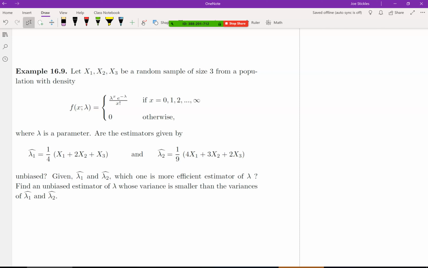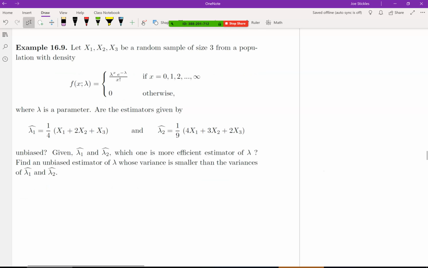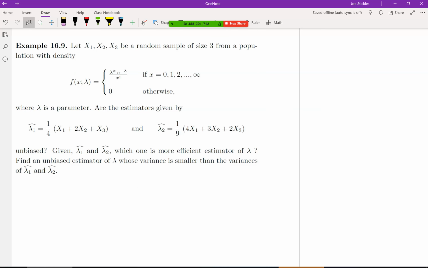So this one, it's asking first if they're unbiased. Checking whether or not they're unbiased is a matter of doing their expected values. So if we do the expected value of lambda 1, we know that I can pull constants out and break them up over sums.